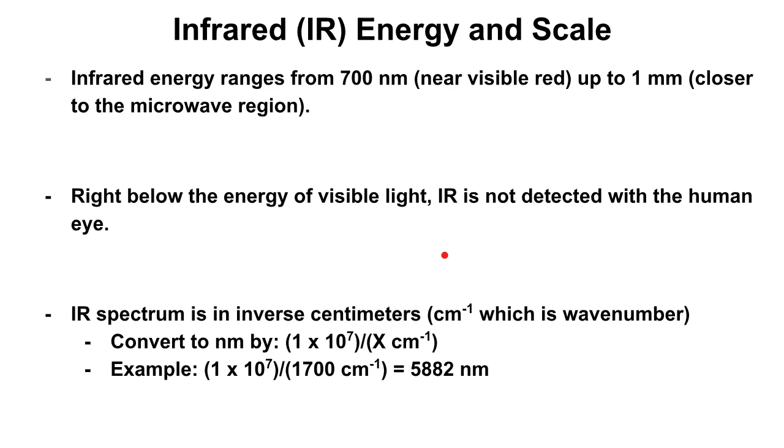And microwaves have the ability to rotate molecules, but they cannot stretch and vibrate them the same way that infrared can. So right below the energy of visible light, the IR is generally not detected by the human eye.